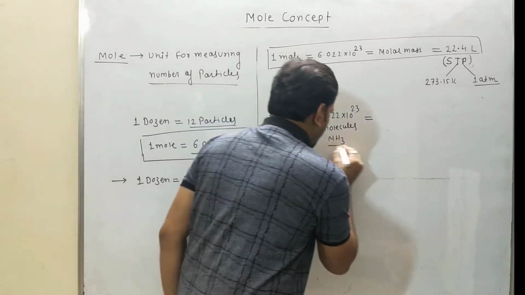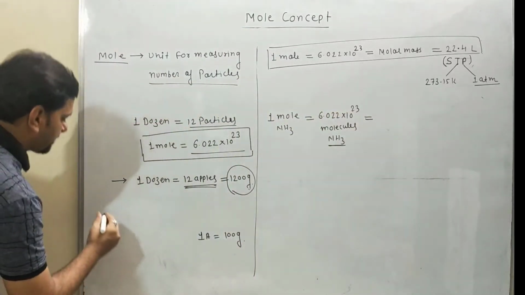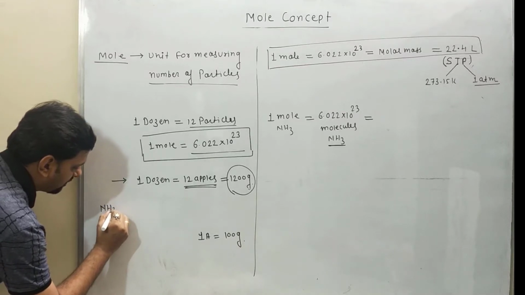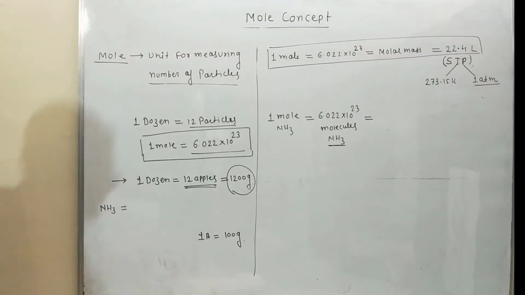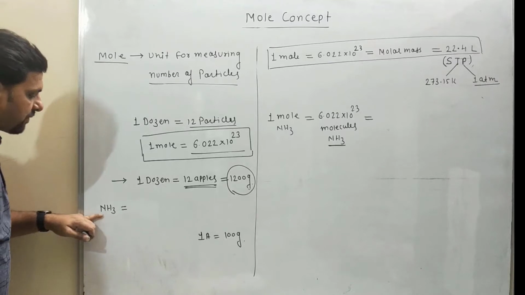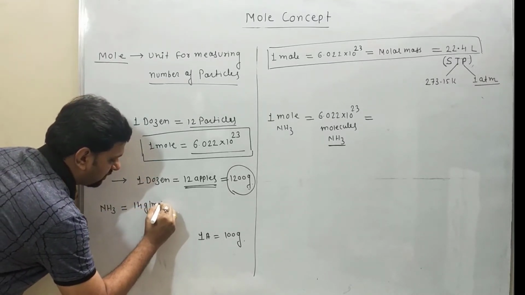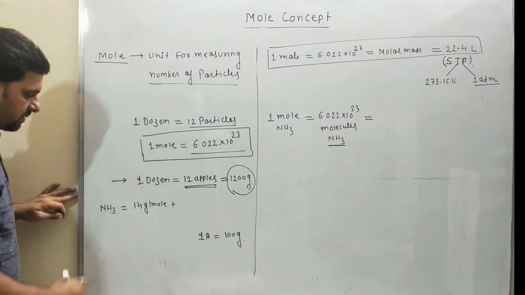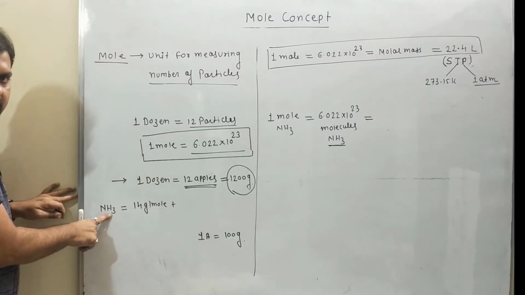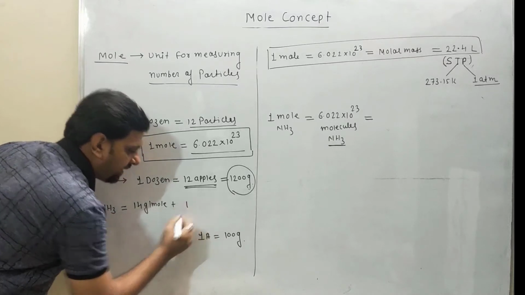So what is the molar mass of NH3? The molar mass of NH3 can be calculated as the atomic mass of nitrogen, which is 14 gram per mole, plus the atomic mass of hydrogen, that is 1.